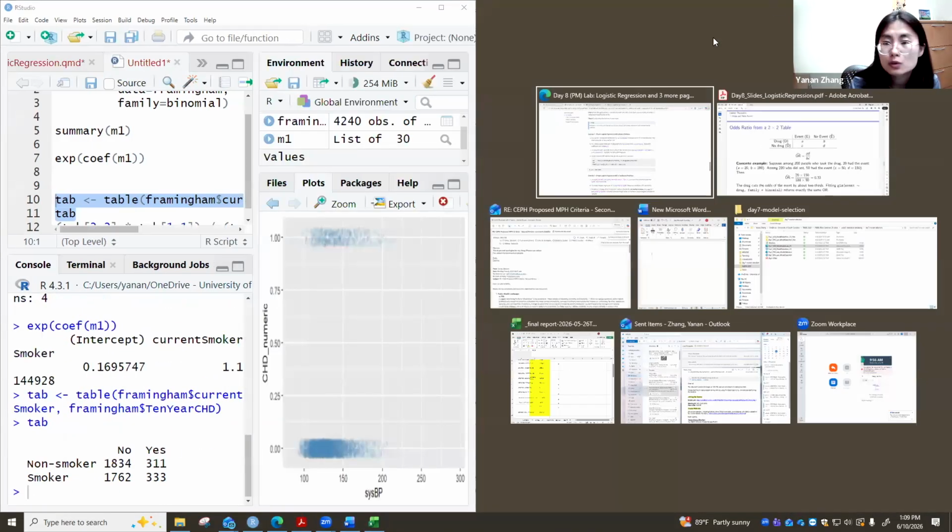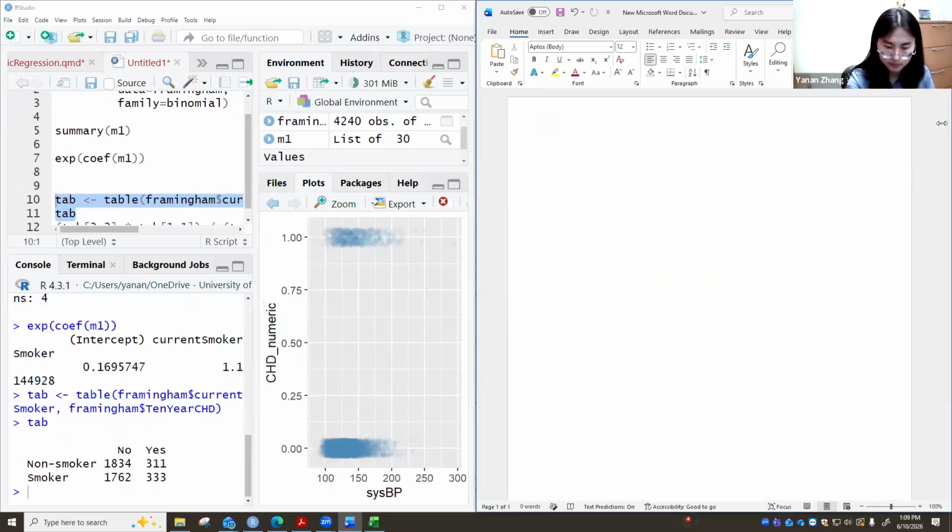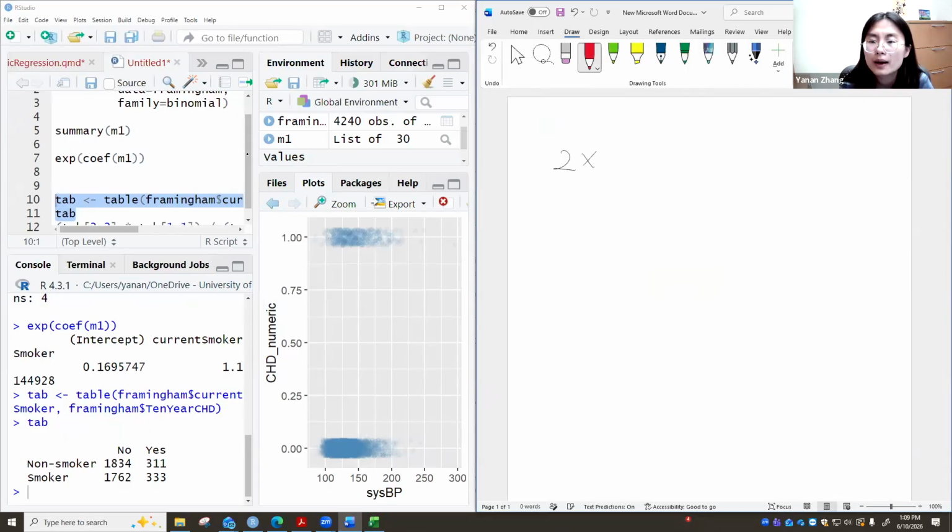So let's write the correct 2x2 table. Okay. 2x2 table. So we want this is coronary heart disease, yes, and coronary heart disease, no. Right?